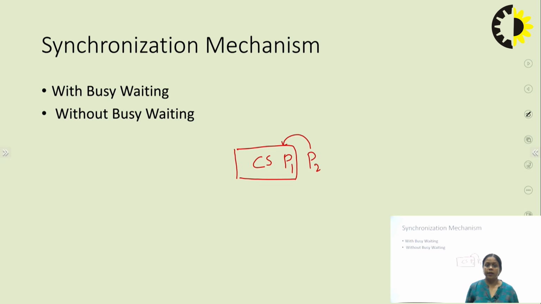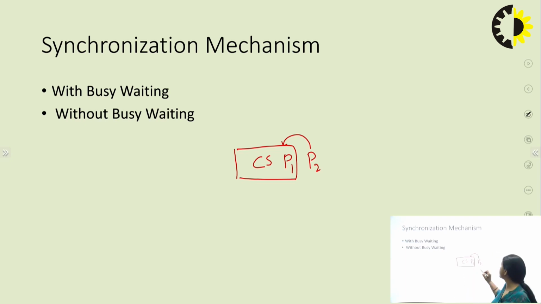So, when P1 is in the critical section, P2 will wait outside the critical section continuously. When P1 completes its work and comes outside the critical section, then P2 will come into the critical section. But until that time, P2 will wait for the critical section continuously.